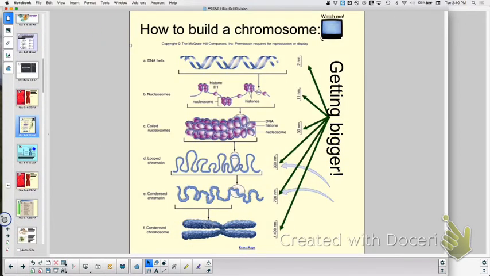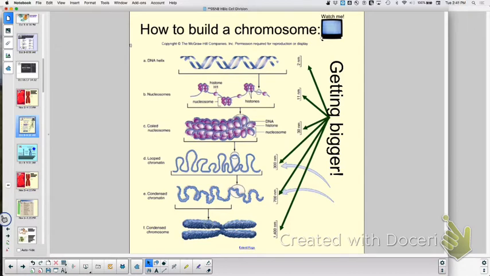We talked about how to build a chromosome. When you look at this picture, you can see the double helix of the DNA up at the top. If I backed away farther from the DNA, it wouldn't appear as 2 strands. It would probably appear as what? 1 strand to me, because I'm farther away. And that's what's happening here. You're not as magnified.